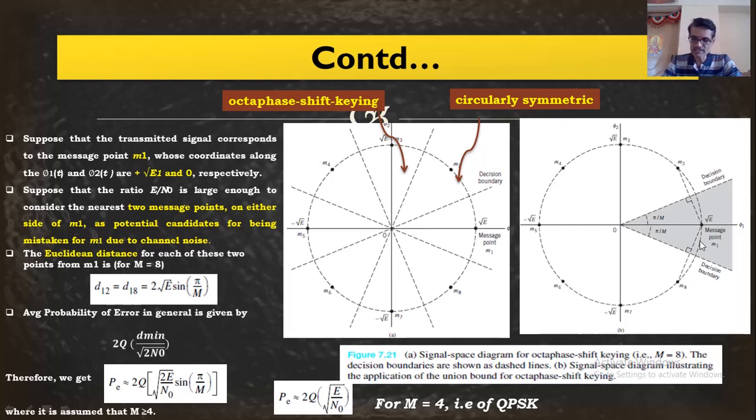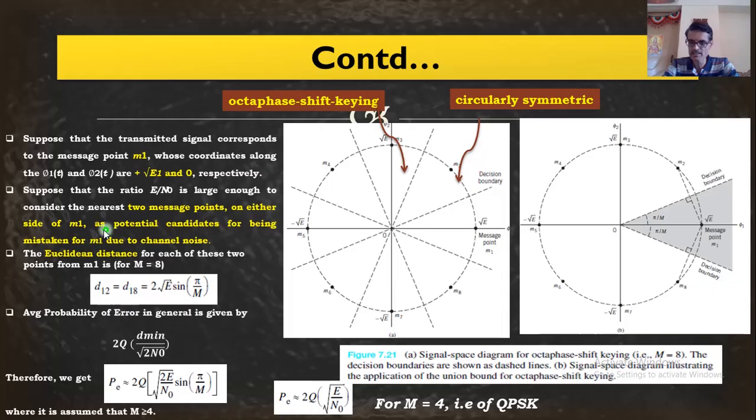Okay, now just look at this diagram. This is m1, this is m2, this is m8. Now this forms the decision boundary, right? This forms the angle π/m, in general. M is 8 in this example, but in general it is π/m. Now what is the distance between these two signal points? We call this distance d minimum, or Euclidean distance.